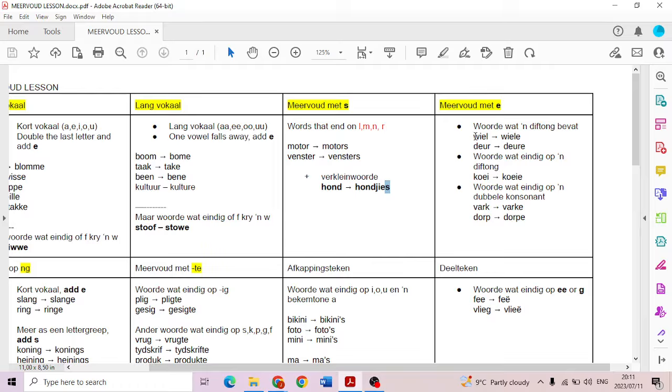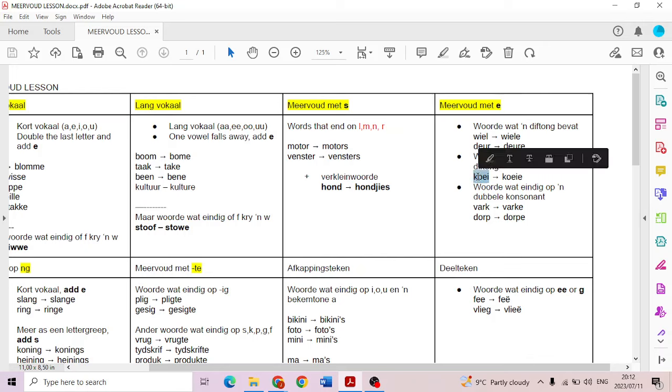Okay, so here the diphthong is this IE pronounced E and this EU pronounced ear. So veal and deer, right? So because it contains a diphthong, in plural form, you're just going to add an E here at the end. Same with diere there. Then number 2, woorde wat eindig op 'n diphthong, meaning it must end on a diphthong.